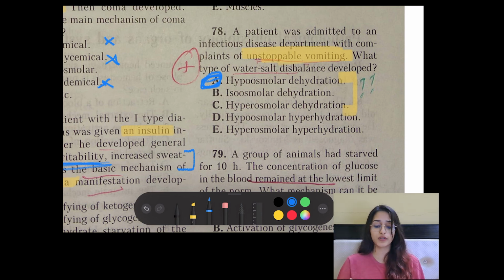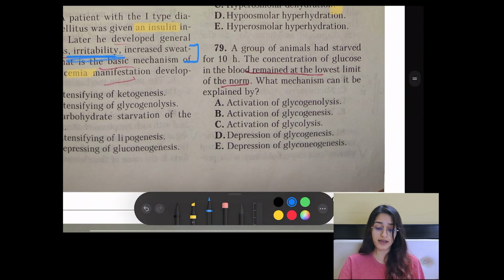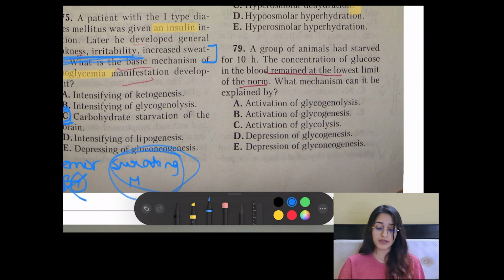It is hypoosmolar dehydration. Next, a group of animals had starved for 10 hours. The concentration of glucose in the blood remained at the lowest limit of the norm. So you should look at the time period. When there is starvation, first of all the glycogen, the storage form of glucose, is used, and that is the activation of glycogenolysis.